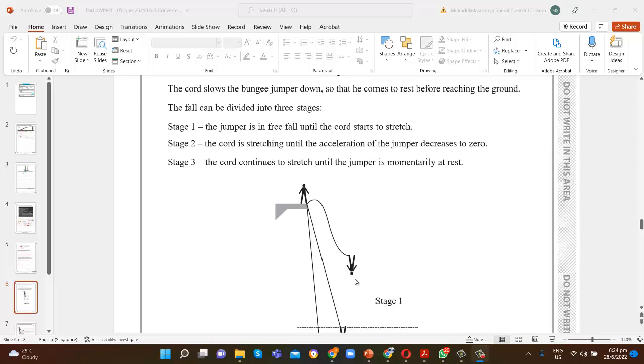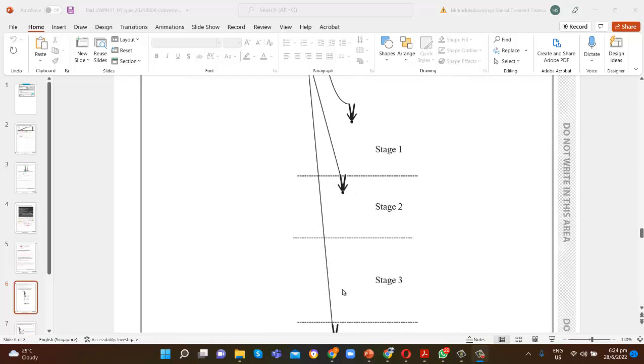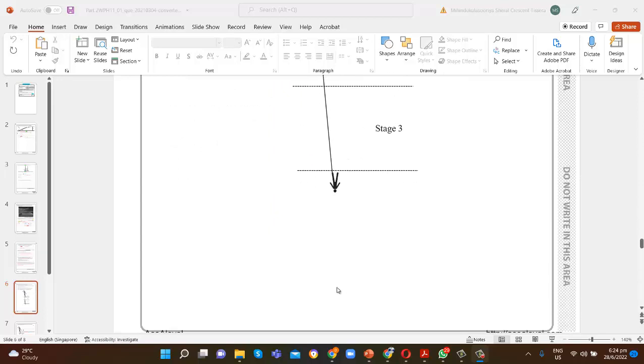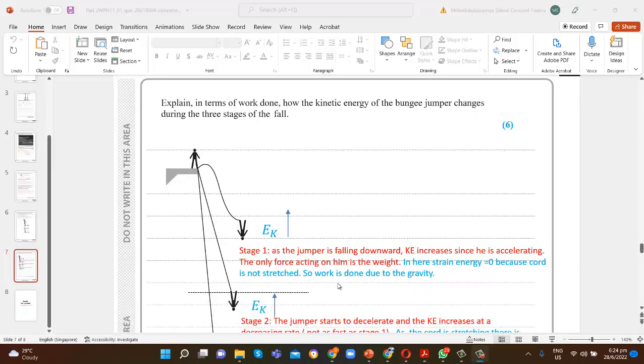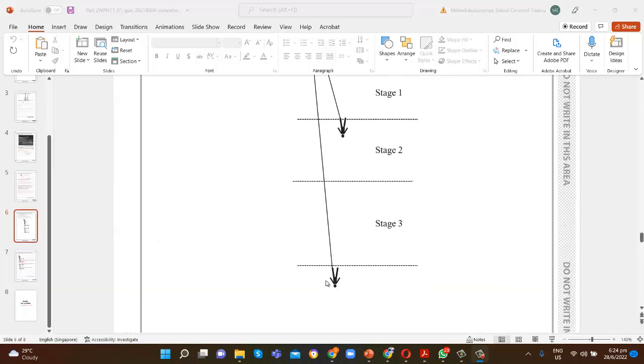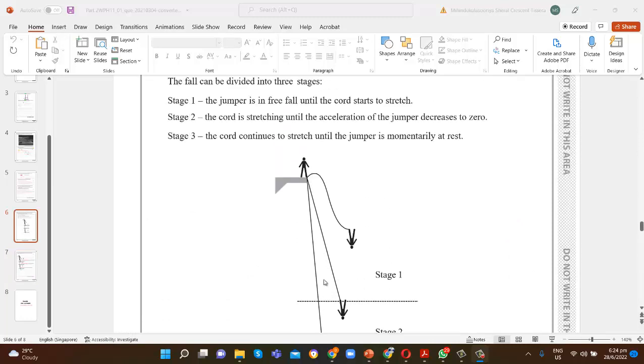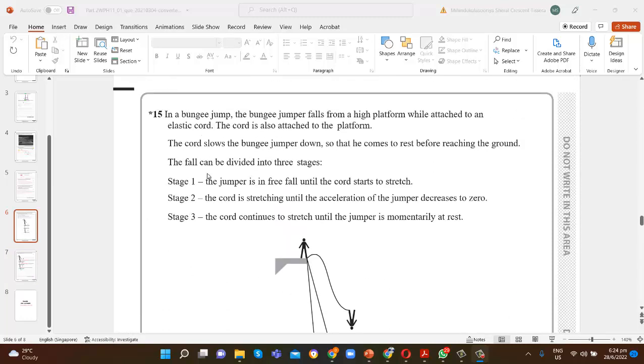Okay, so now question number 15, they have put an asterisk. That means you have to give a written answer. They are checking how you write. So in a bungee jump, the bungee jumper falls from a high platform while attached to an elastic cord. The cord is also attached to the platform.